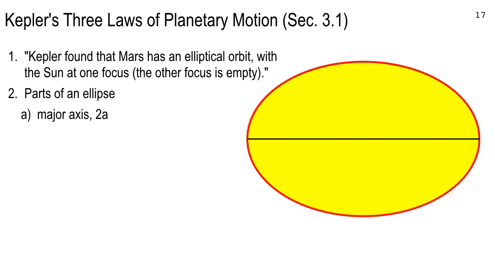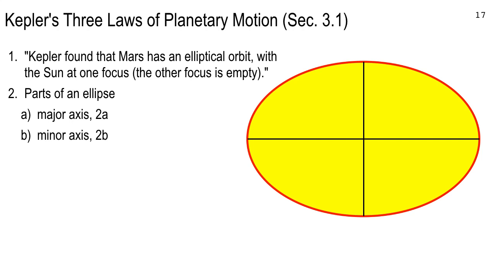Symbolically we'll refer to the length of that line segment as 2a. The minor axis is this one, the short one, and they form a plus sign or a cross. They're perpendicular to each other.